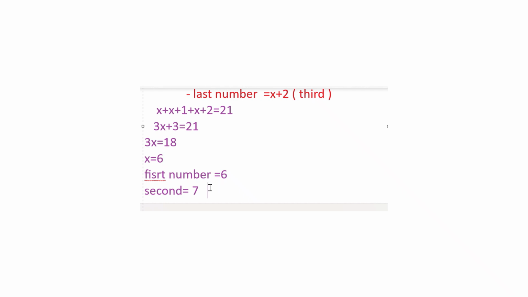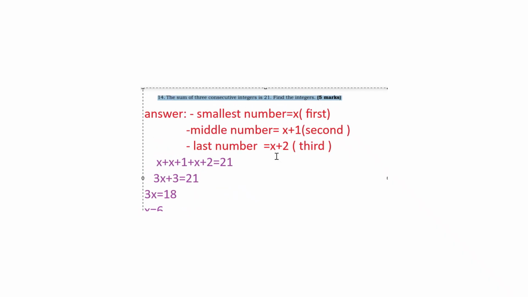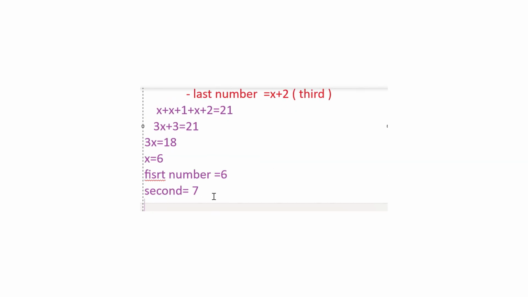And then the third number is x plus 2, which is equal to 8.